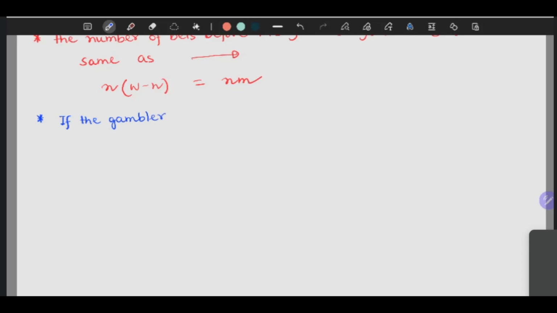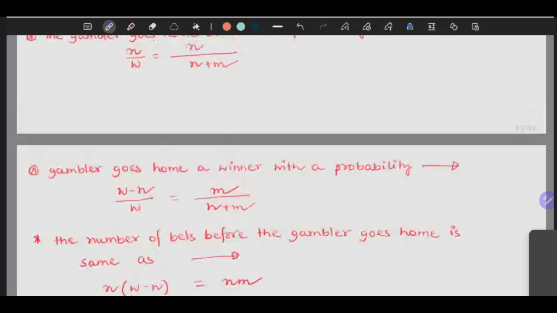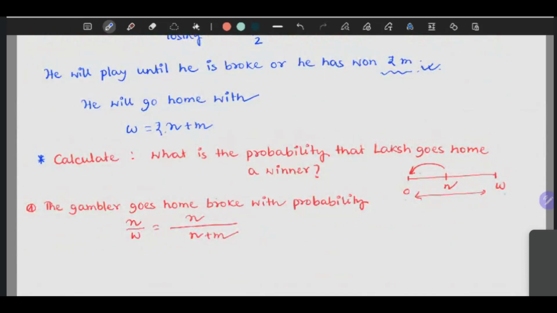If the gambler gets greedy and keeps playing until he is broke, because if he is broke nobody will be kind enough to let him play, then that means this W will be going to infinity.